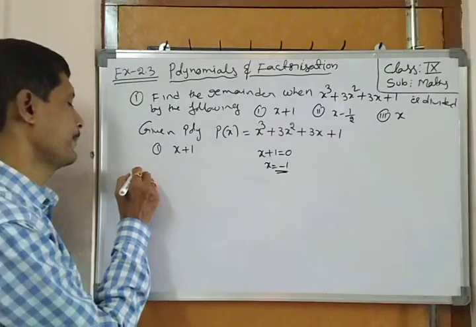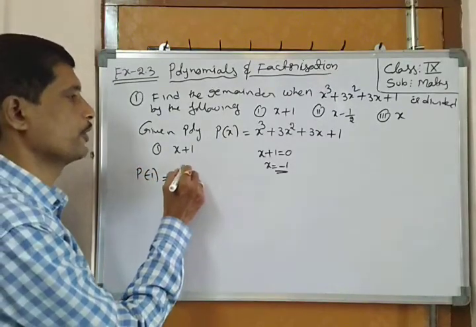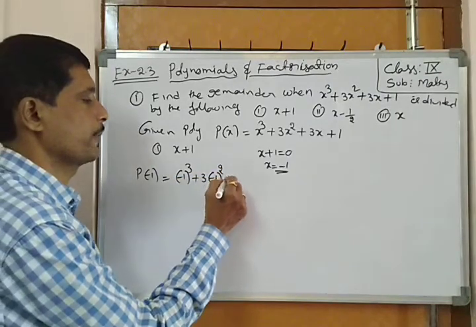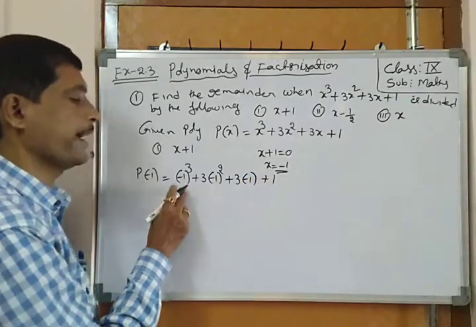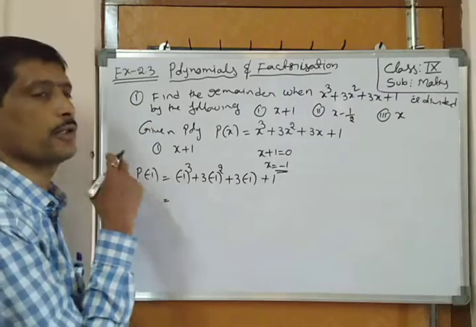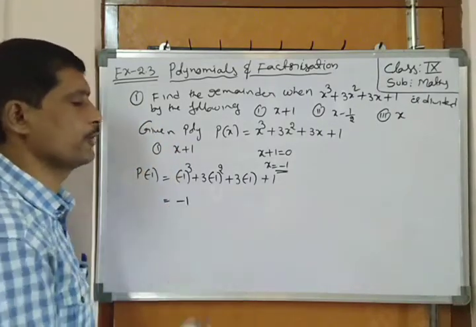Substitute here p of minus 1, that equals minus 1 whole cube plus 3 into minus 1 whole square plus 3 into minus 1 plus 1. Here minus 1 whole power, that is an odd number, therefore the total value is minus 1 into minus 1 into minus 1, that is minus 1 only.